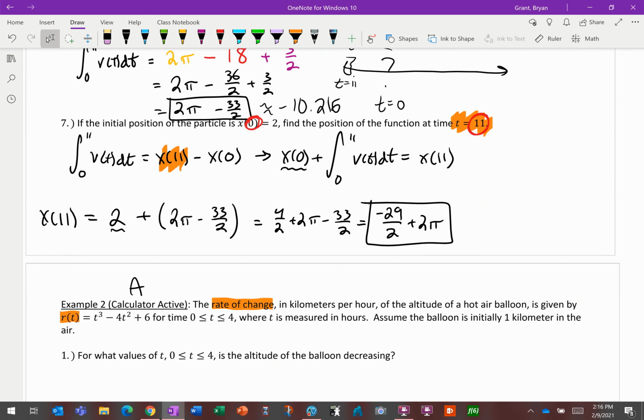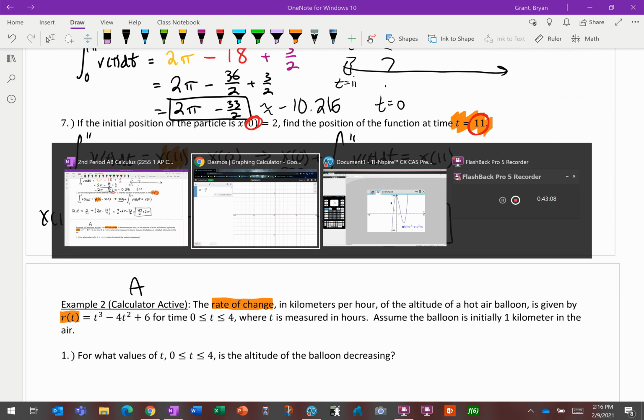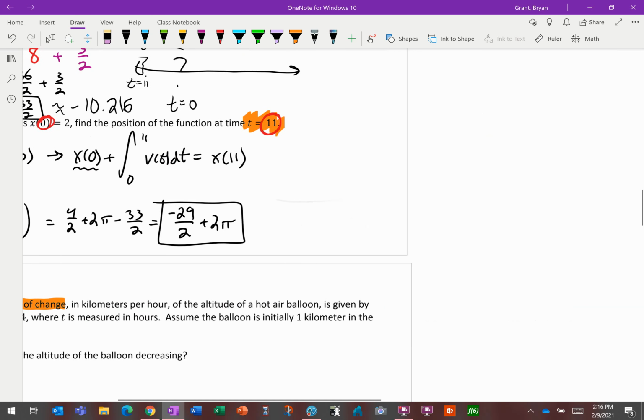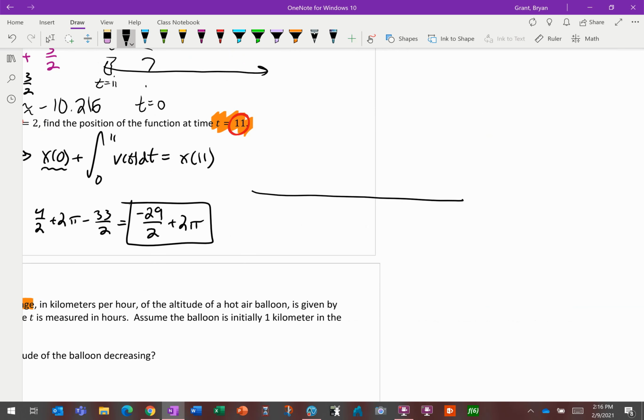Down here, we found the position of the particle at 11. So what they're telling us, and let's find another approximation, negative 29 halves plus 2 pi, okay, negative 8.216. All right, now I'm going to draw that same number line again, though maybe a little bit more carefully.